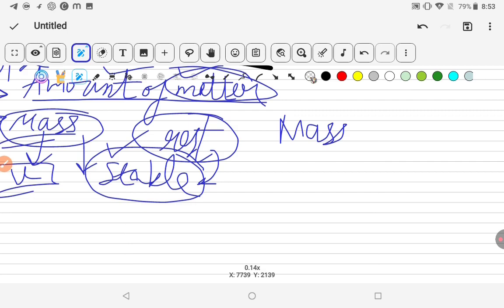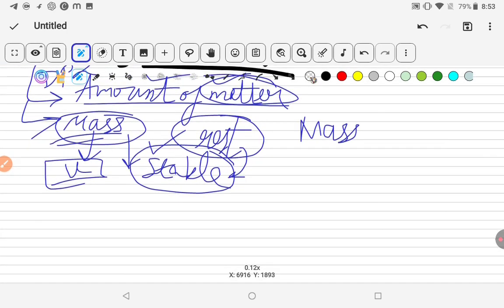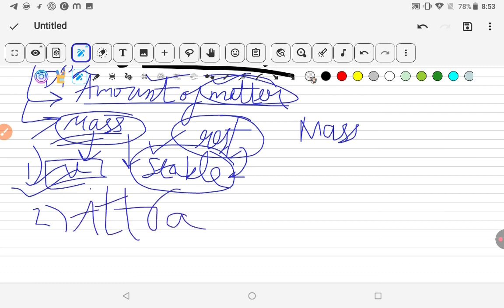Now, back to the topic. Why do we need mass? First of all, to oppose any change in velocity, and second, for attracting other masses.